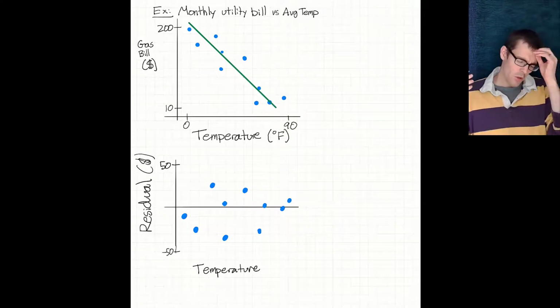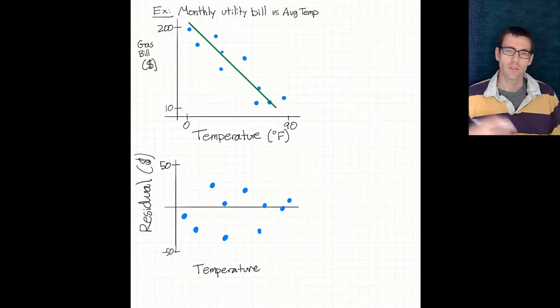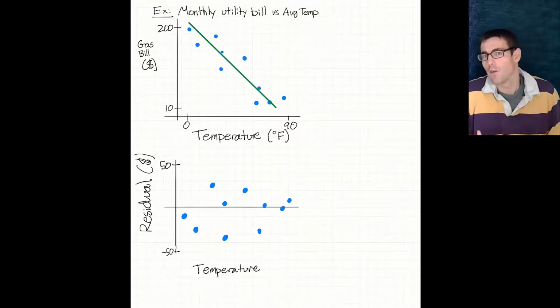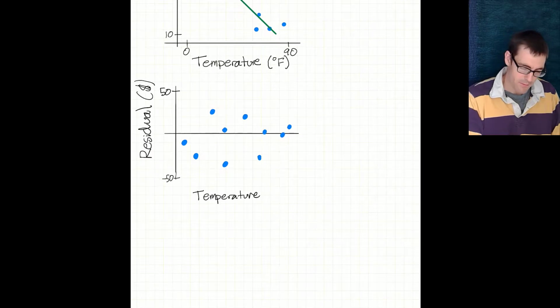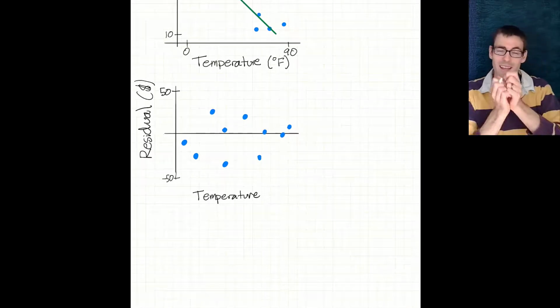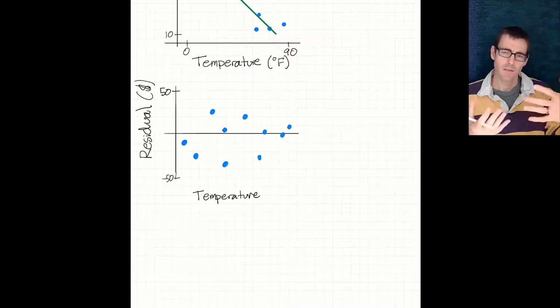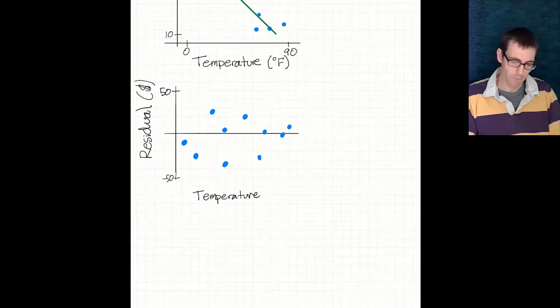There are a few reasons that we would like to look at the residual plot. One of them is to check whether the original plot did follow a linear association. Sometimes if we have a plot that is slightly curved, we can't really notice it as it is, but if we instead plot the residuals, we might notice some sort of pattern.